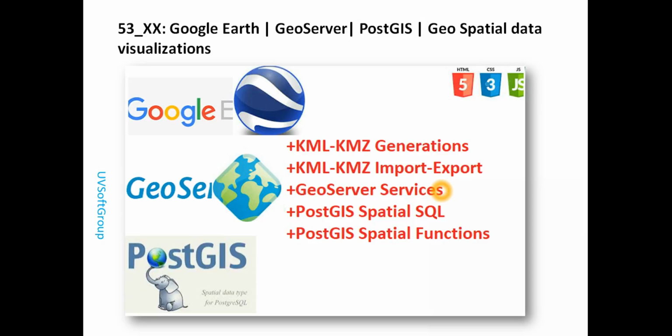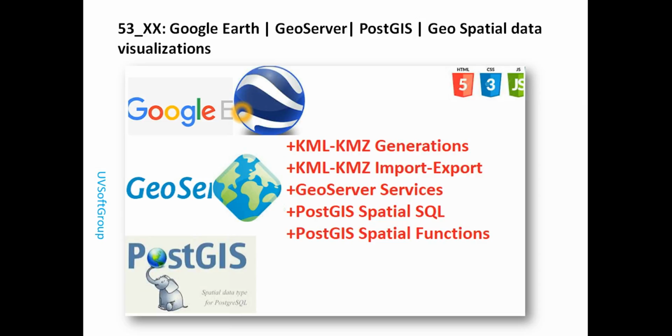I already showed you that. But when you have published services, and your customer needs to export the geospatial data as KML, then once you have a KML or KMZ file, you can visualize it in Google Earth, and that's very simple.